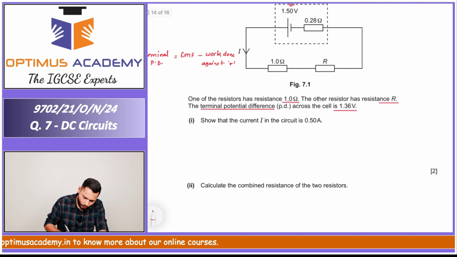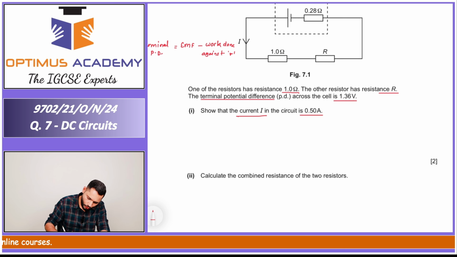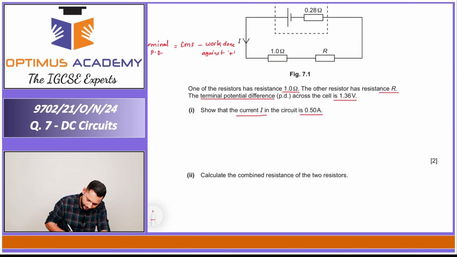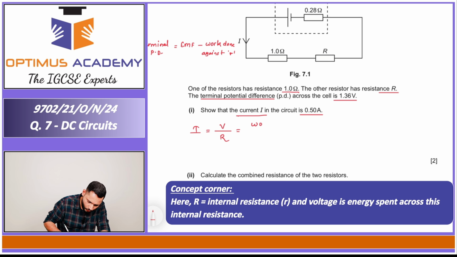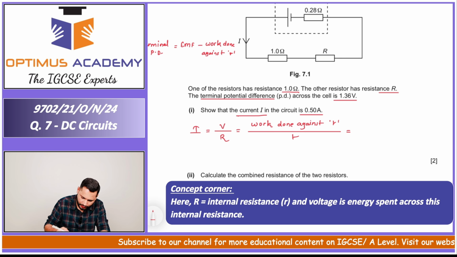They are asking, show that the current I in the circuit is 0.50 ampere. So to find current, we can use formula voltage upon resistance. Here we will use voltage value, that is work done against r divided by small r, that is the internal resistance.